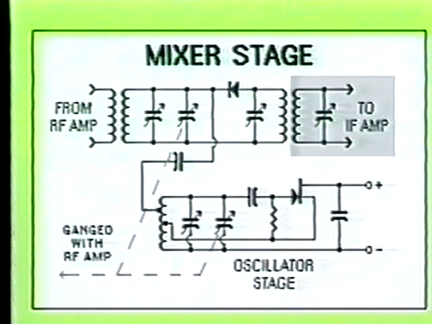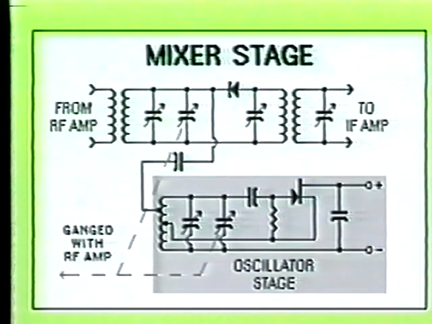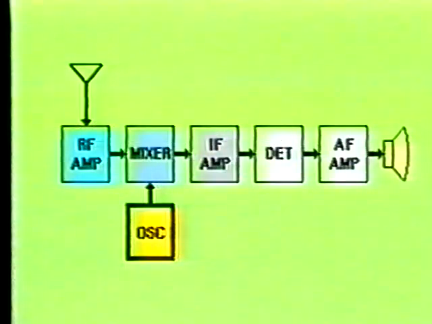In order to produce an intermediate frequency signal that will remain constant in frequency and can still vary in amplitude, the local oscillator circuit must be tunable. The local oscillator stage in the superheterodyne receiver is designed to operate at a predetermined frequency above the incoming RF signal.